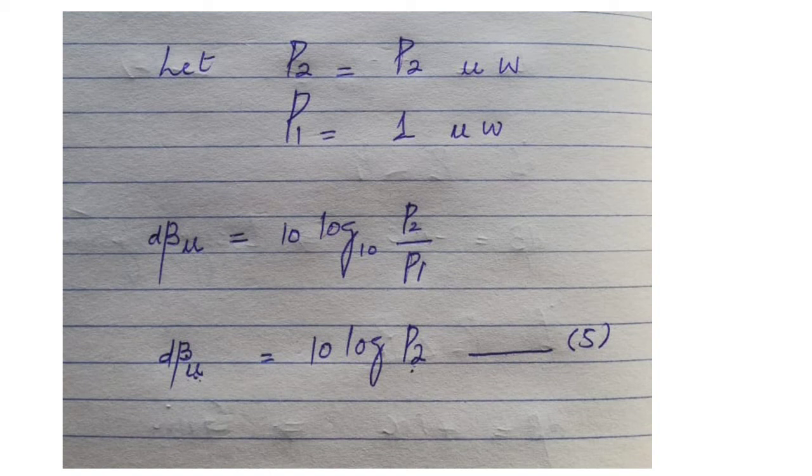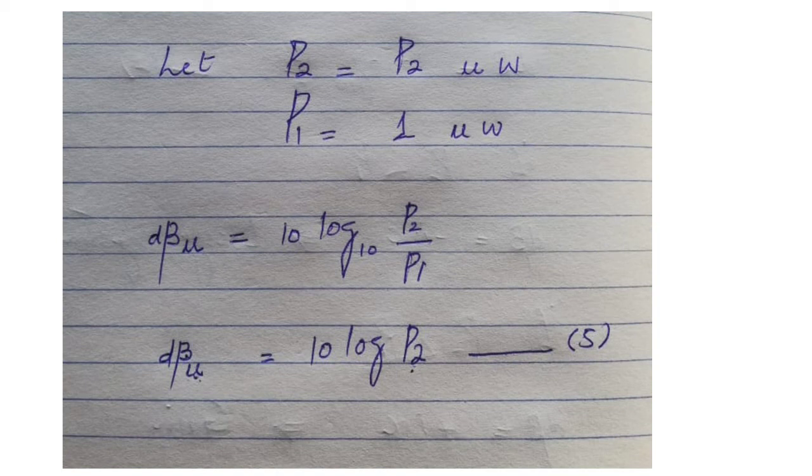So we calculate the ratio first, P2 by P1, and then we calculate the decibel value of this ratio. So the decibel value of this ratio with respect to 1 microwatt will be equal to 10 log of P2 by P1. And we put the value of P1 in the second last equation of this slide, which is basically equal to 1.